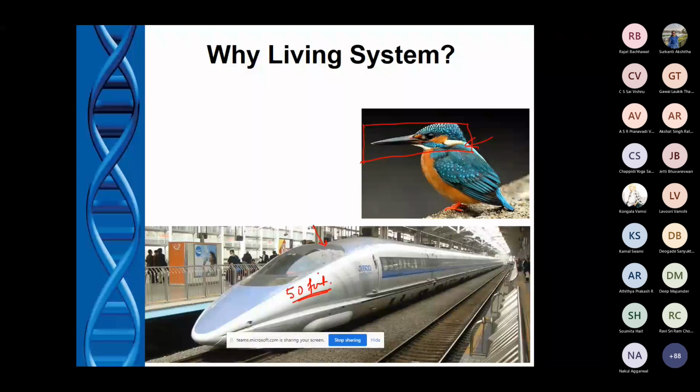This kind of bullet train can run more than 350 km per hour, and on a better track, with a magnetic levitation system, it can go more than 600 kilometers per hour. That is really high speed, right?